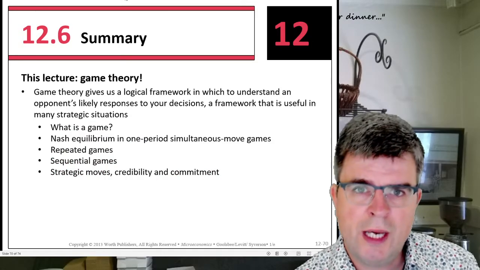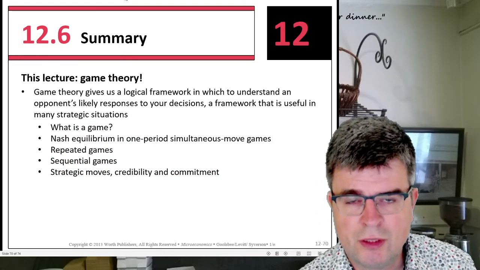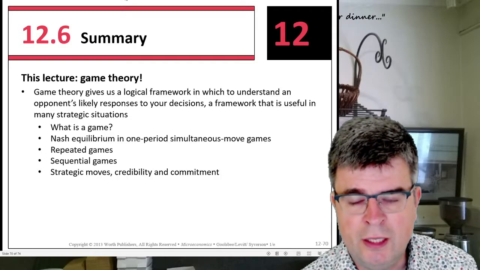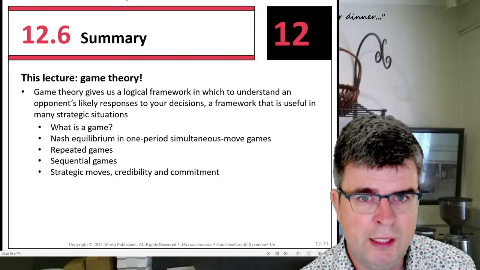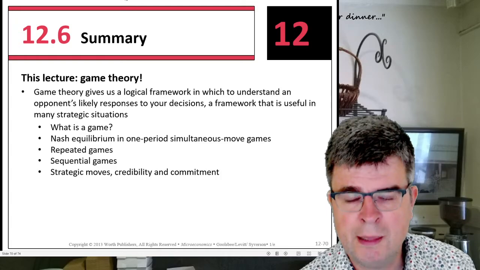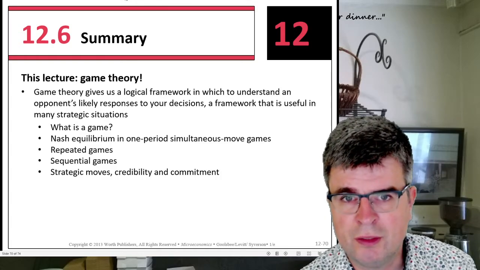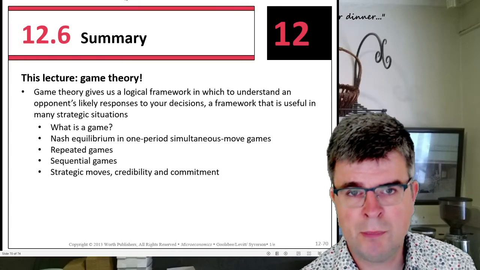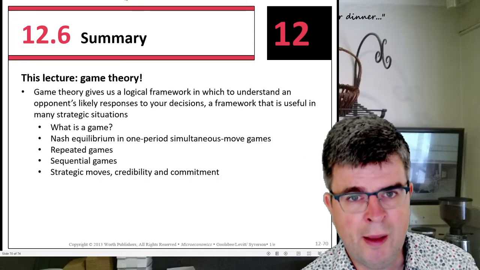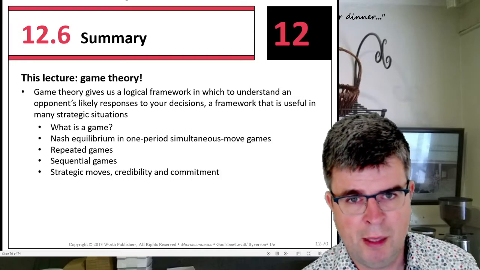So that brings us to the end of this lecture, where we discussed quite a number of topics in game theory. We started quite easy by describing what is a game. Then we looked at the different strategies, whether firms have a dominant strategy, dominated strategies, and we tried to solve for the equilibrium outcome.